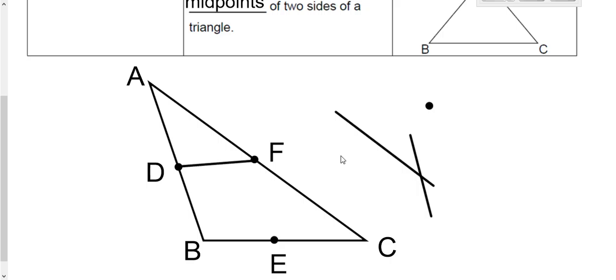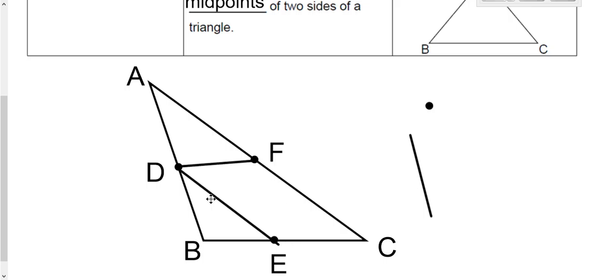And what we're going to do in our exploration is see the relationship between this midsegment and what's called the third side, not the sides it's connected to, but this third side over here. There's a relationship between these two, a couple of them. Now, of course, there is more than one midsegment in a triangle.